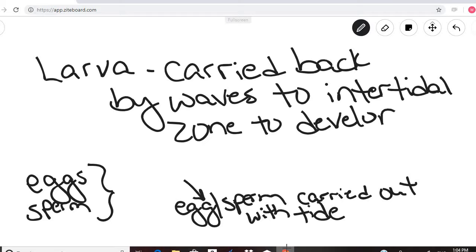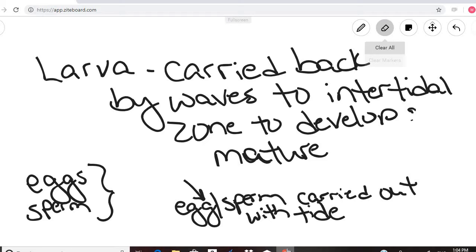So the eggs are laid in the intertidal zone, but then those eggs and sperm are carried out to the ocean, and if fertilization takes place, then the larvae will be carried back in to the intertidal zone, where they will mature, become adults, and then the process starts all over again.